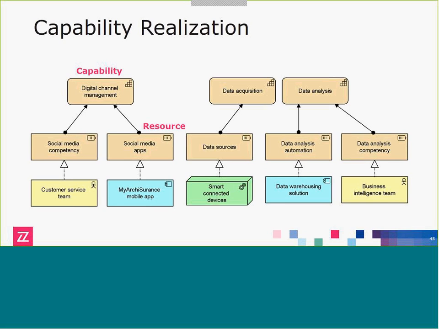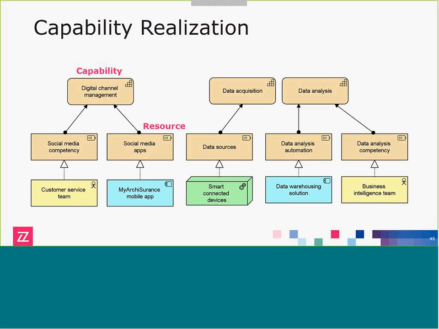But on the left hand, you see, for example, for this digital channel management, you need social competency and media apps. Social competency might be realized by your customer service team. They will have to have the right skills, the right attitude, etc. And media apps might, for example, be realized by things like the ArchiSurance mobile app. And just as examples of how you model this realization.